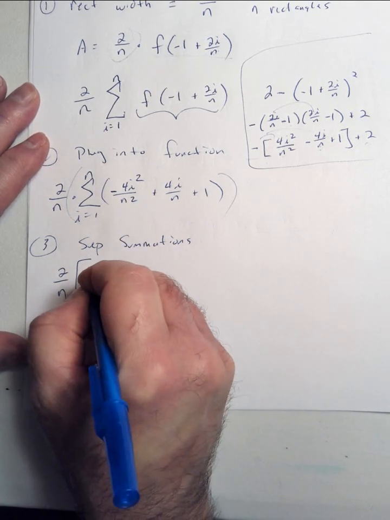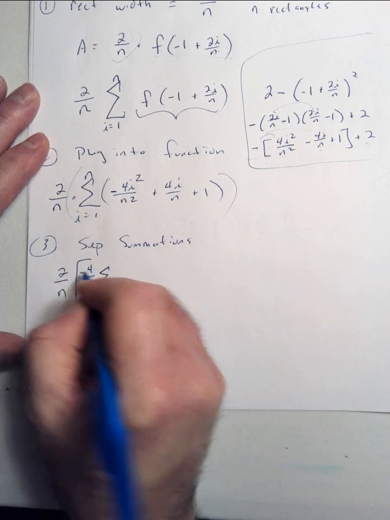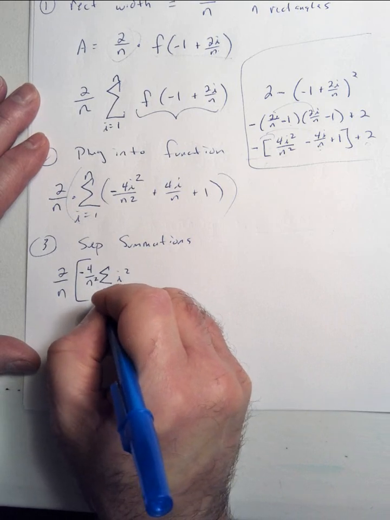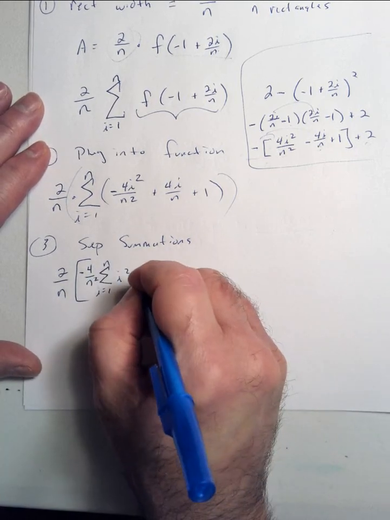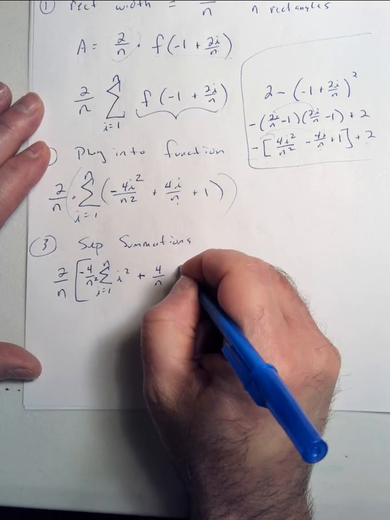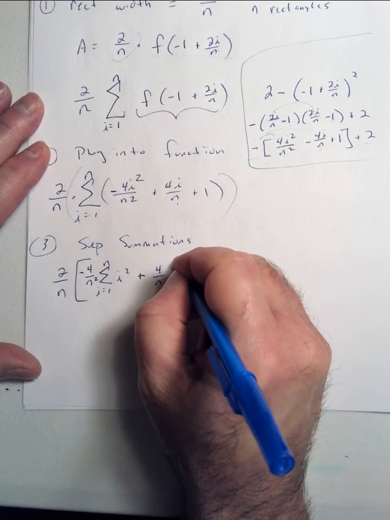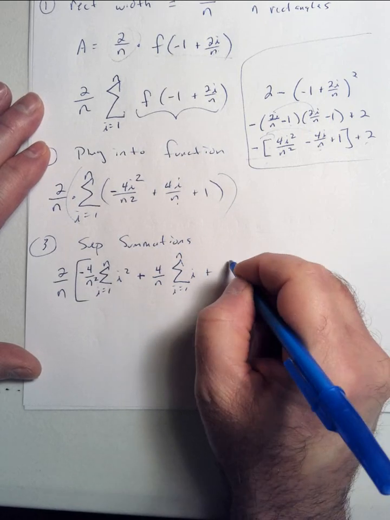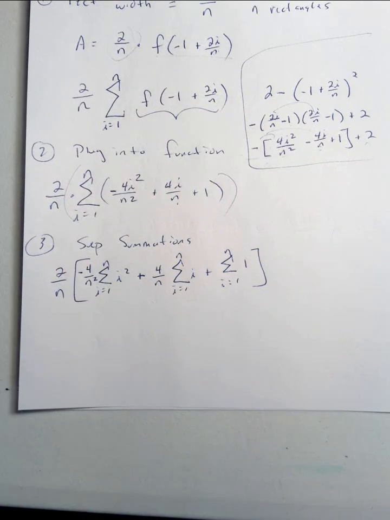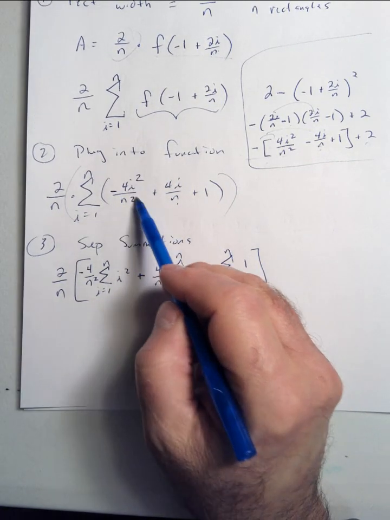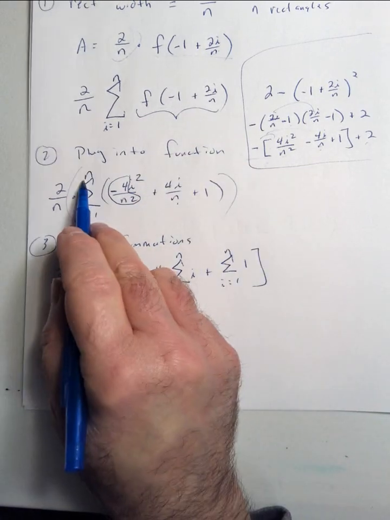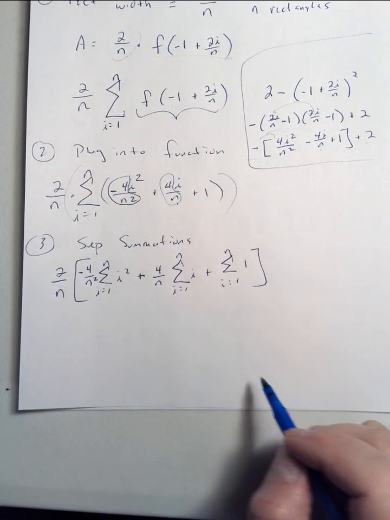So I've got a negative 4 over n squared, the sum of i squared as i goes from 1 to n, plus my constant 4 over n, the sum as i goes from 1 to n of i, plus the sum as i goes from 1 to n of 1. So again, I pulled my constants out, and that's these guys. Anything with an n in it is a constant, because we know that number. Constant.